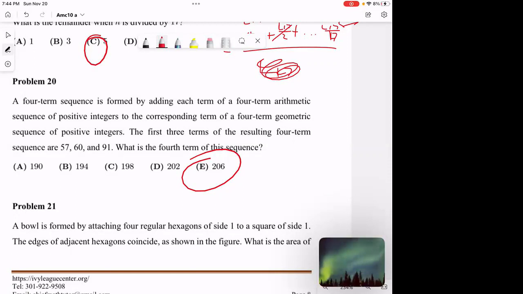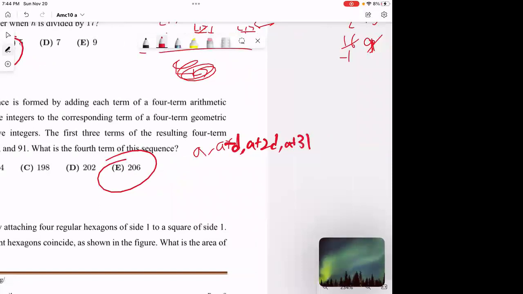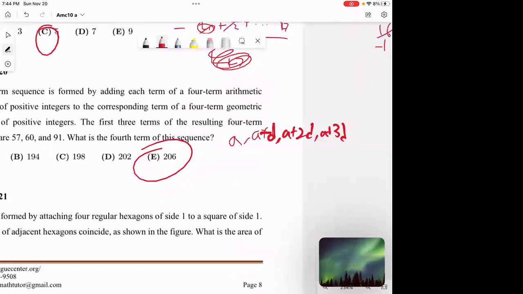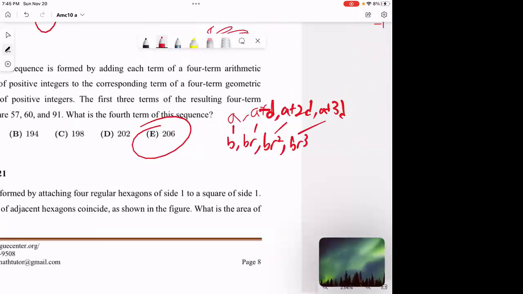Okay, so we can express the arithmetic sequence as A, A plus D, A plus 2D, A plus 3D. And then the geometric sequence, we have B, BR, BR squared, BR cubed. Hopefully that makes sense. And the sums, this one plus this one, and so on, are 57, 60, and 91, right?